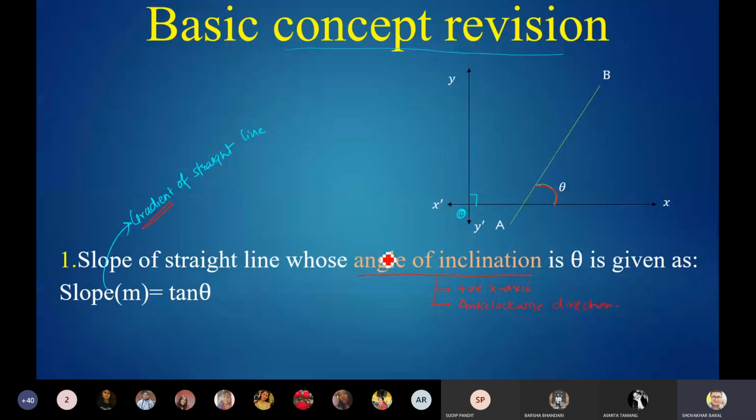If you just say angle, then it's not fixed that it must be with the positive x-axis. But if you pinpoint that it is the angle of inclination, then it must be with the positive x-axis. The angle must be made with the positive x-axis, and the direction must be anti-clockwise here.